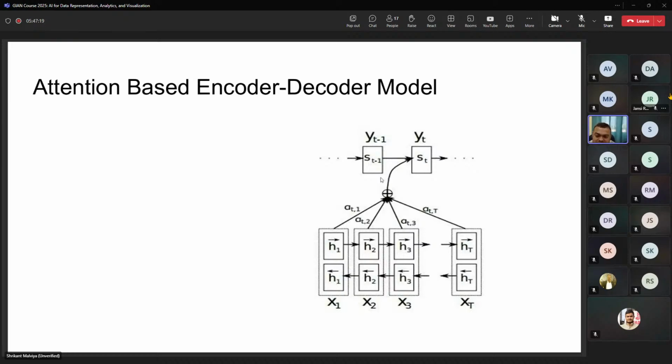This query vector will be multiplied with the representation of each input, and it will get some value, and applying softmax to that will give probabilities. We can also call them weights, and using those weights they will tell how much a particular input is to be attended for the current generation.